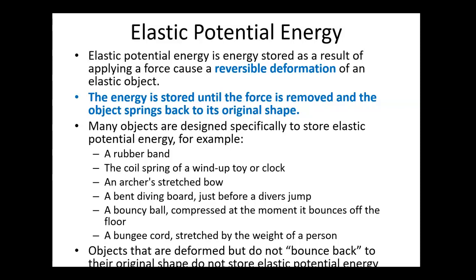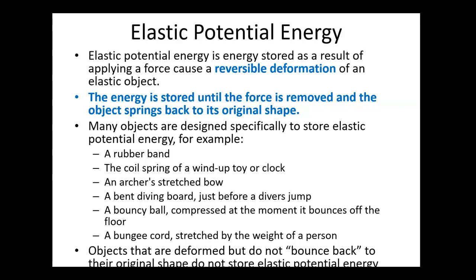The coiled spring of a wind-up toy or a wind-up clock. You wind the spring, and as the spring returns to its original position, you see the toy move or the clock moves. A bow and arrow, a diving board, a bouncy ball, a bungee cord. All of these objects are elastic, meaning that they can be deformed and then returned back to their original shape.